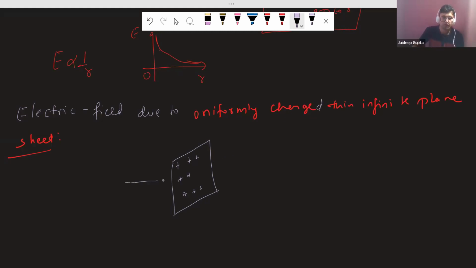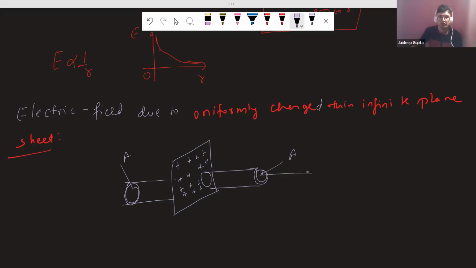So again, we have to assume a Gaussian surface. The Gaussian surface will be cylindrical. Let it be cross section A. Now area vector. What is the direction of electric field due to a positively charged sheet? Towards it or away from it? Away.